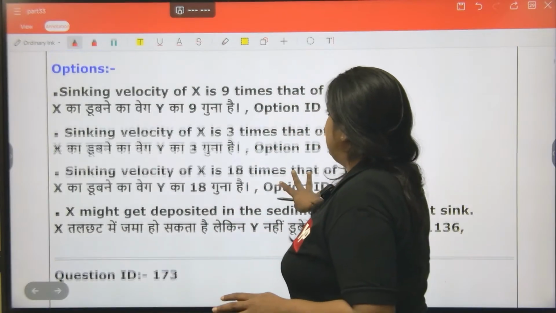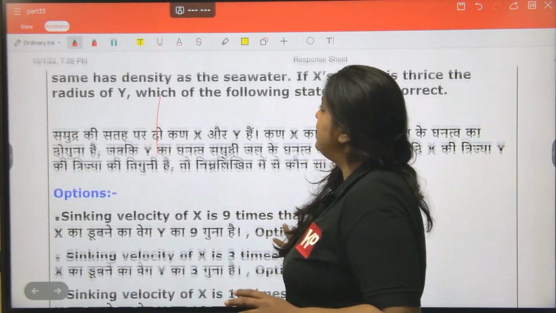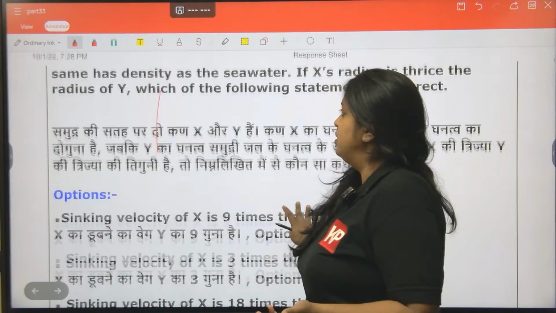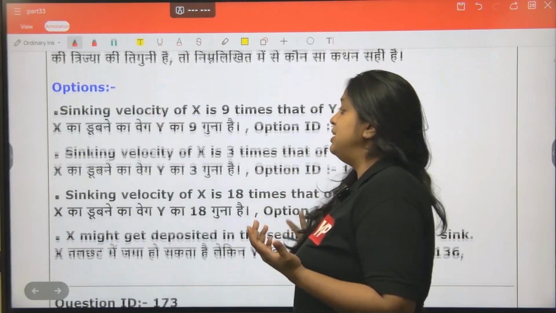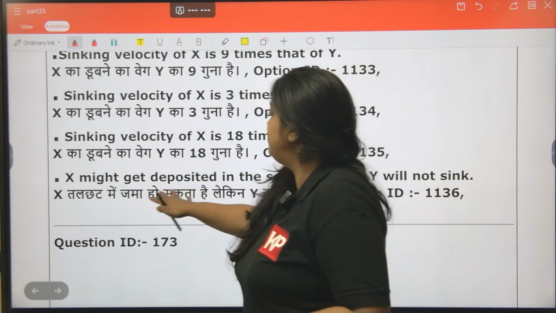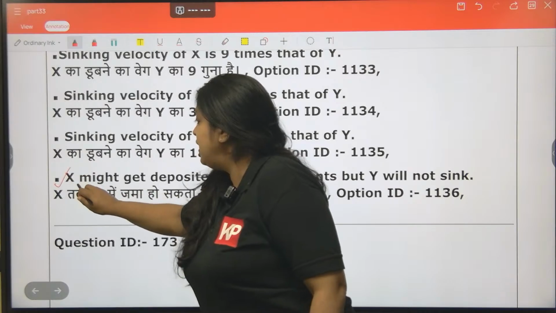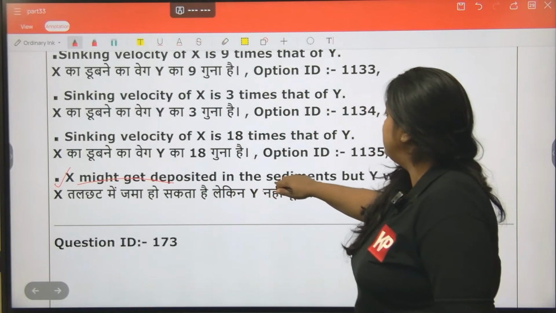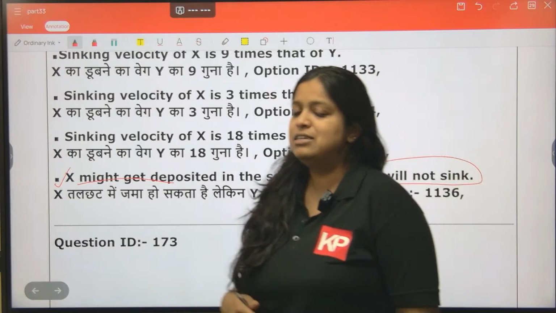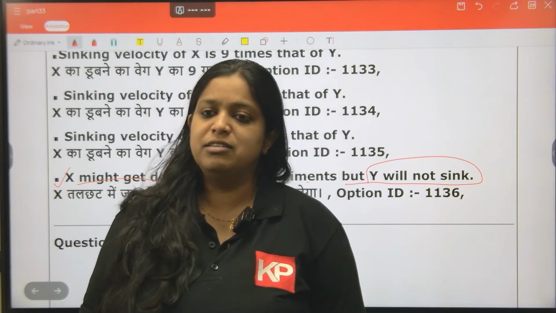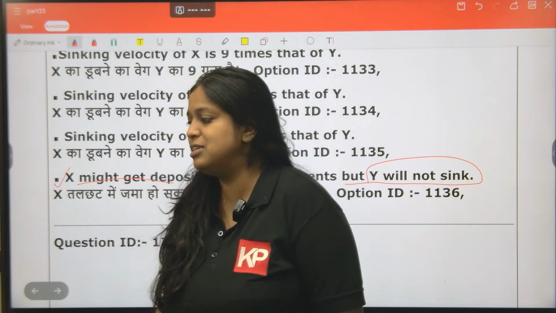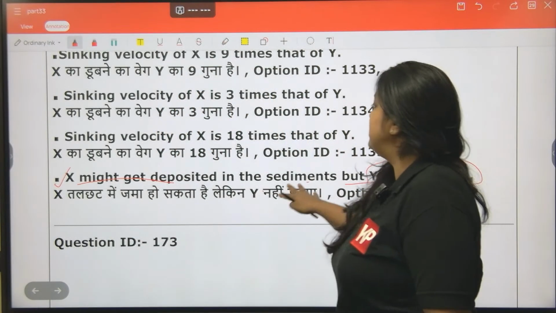Look at the density. X has a higher density than seawater, twice the density of seawater, whereas Y has the same density as the seawater. So the more likely answer is option D: X might get deposited in the sediments, but Y will not sink because Y has the same density as the seawater. So the chance of sinking of Y is much lesser than the chance of sinking of X.